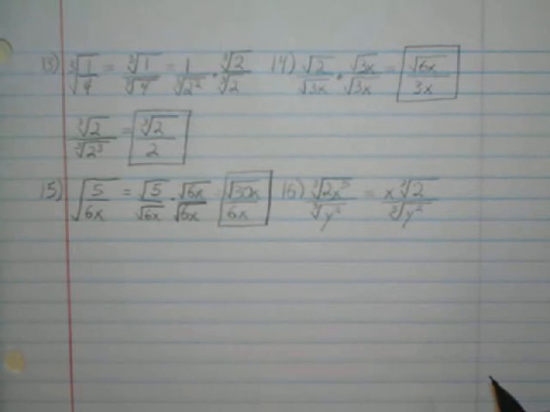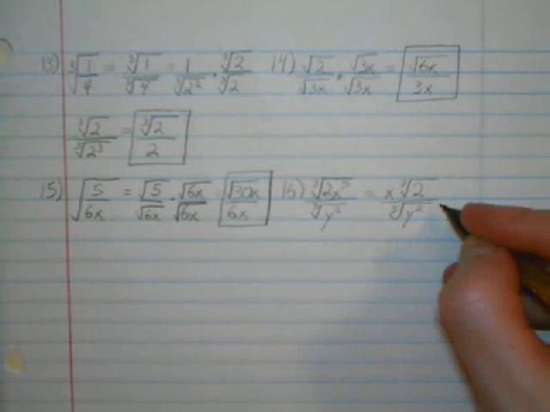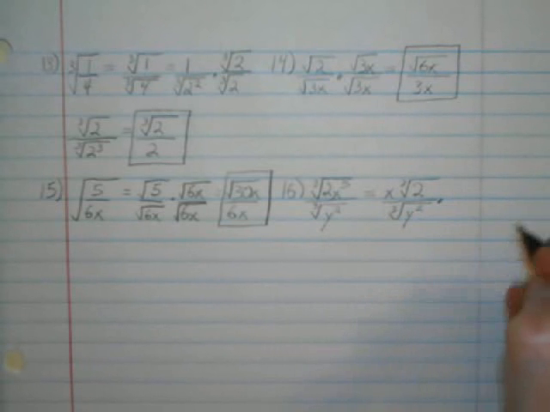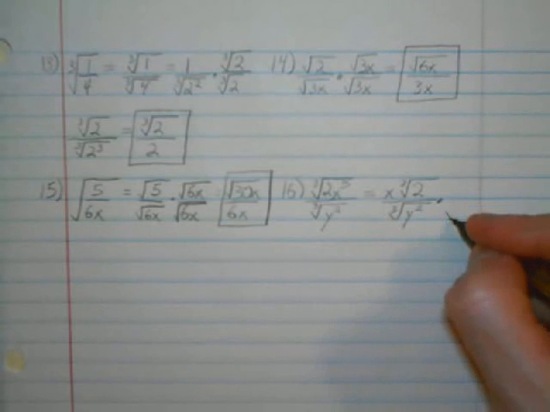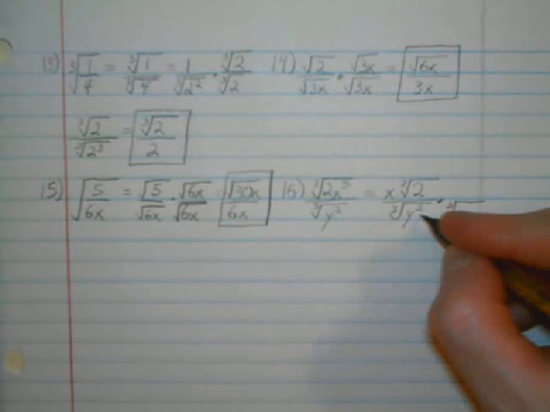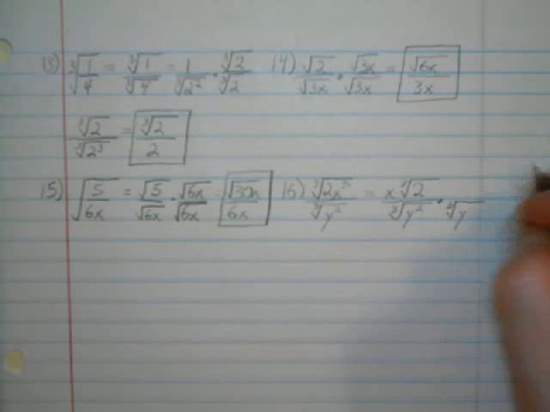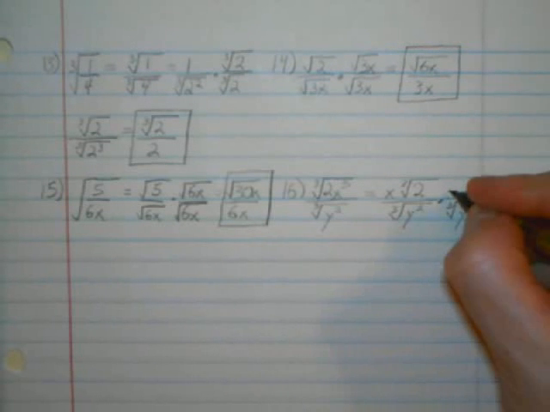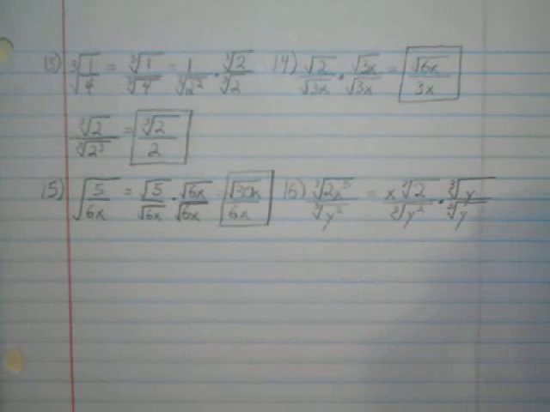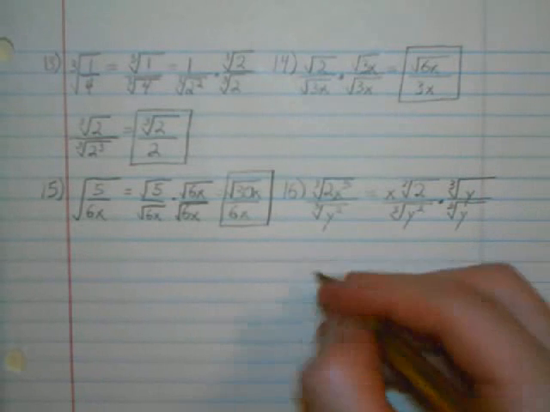Now 2 divided by y squared, if I combine that to be one radical, there wouldn't be any reducing that I could do, so I'm not going to do that step. I want to multiply so that my index matches my exponent. So I'm going to multiply by the cube root of just y to the first, because y squared times y to the first will give me my y to the third that I want. So up at the top, I've got the cube root of y.